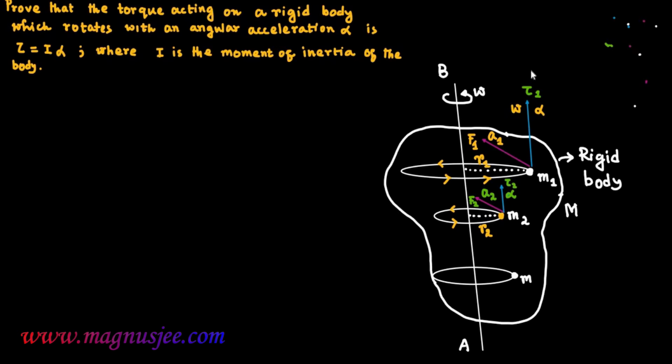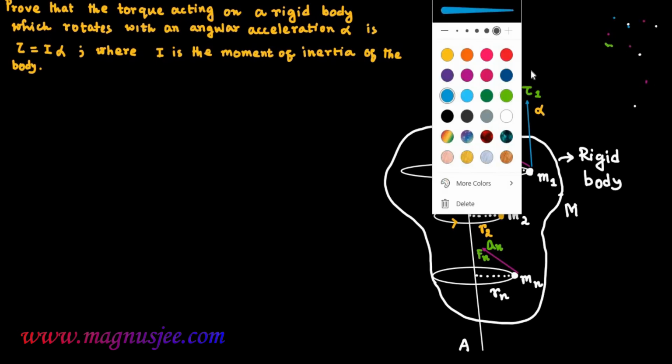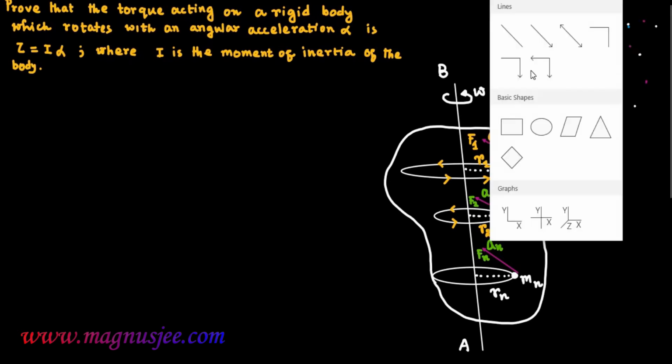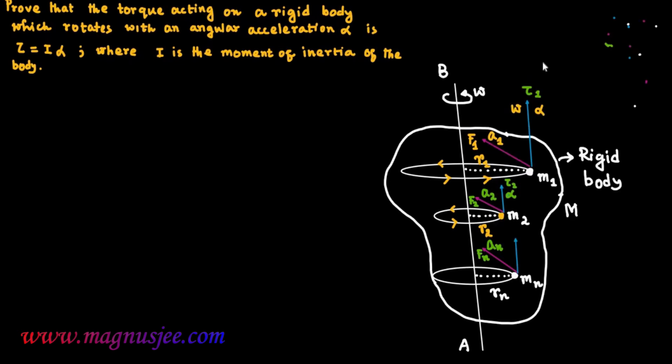Similarly, we can consider a circular orbit in which the nth particle of mass Mn revolves in anticlockwise direction. Rn is the perpendicular distance of this nth constituent particle from the axis of rotation. On this particle of mass Mn, a force Fn acts, and there is linear acceleration An in inward direction, angular acceleration of this particle is alpha, and torque is tau n.